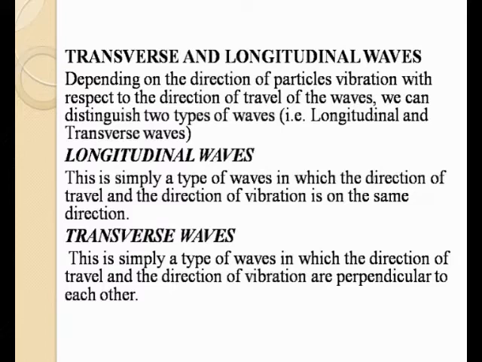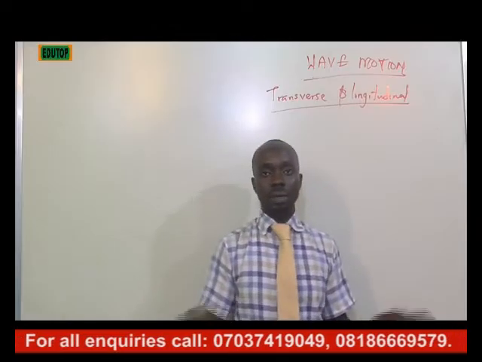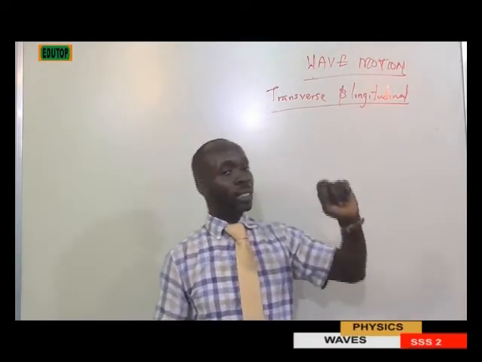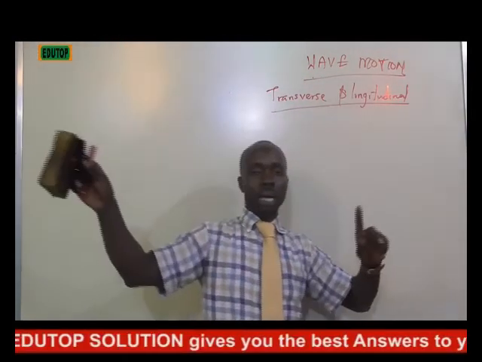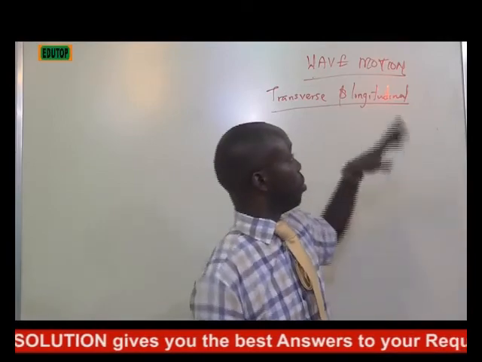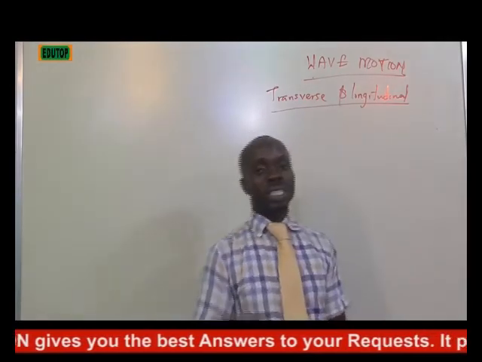If you are looking at two types based on their properties, we'll be talking about your electromagnetic and your mechanical wave. But here, these two types are based on the direction of movement. So you can be asked in your O-level SSC exam, name the two categories of wave with respect to their properties. You may say mechanical and electromagnetic, but the two categories of wave with respect to the direction of movement are transverse and longitudinal.